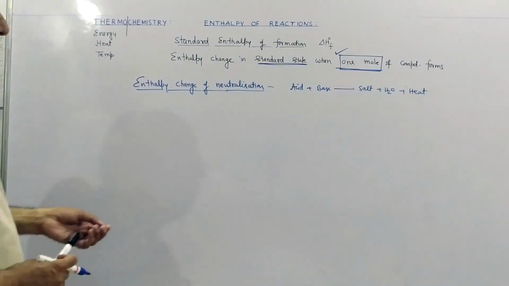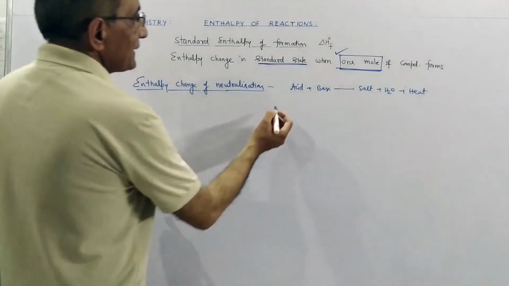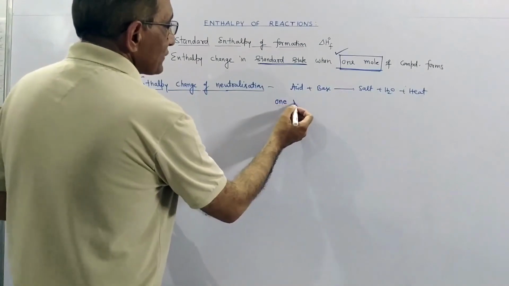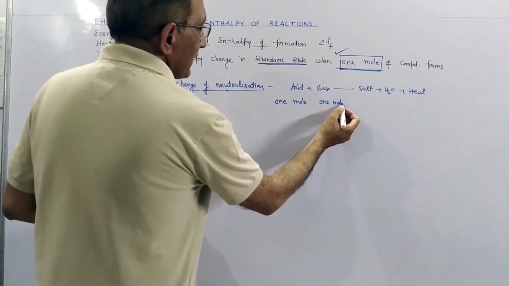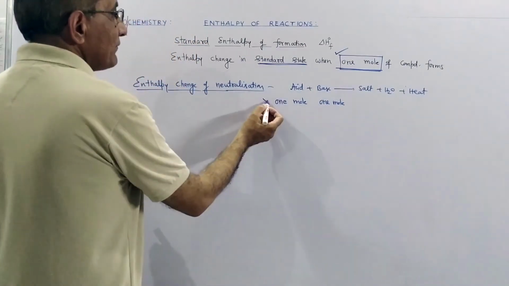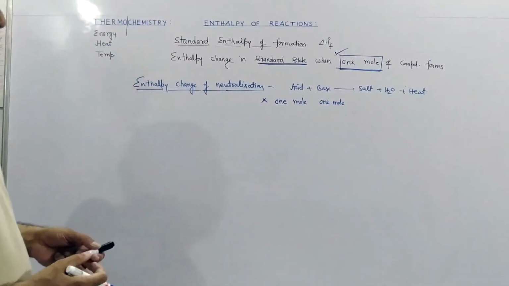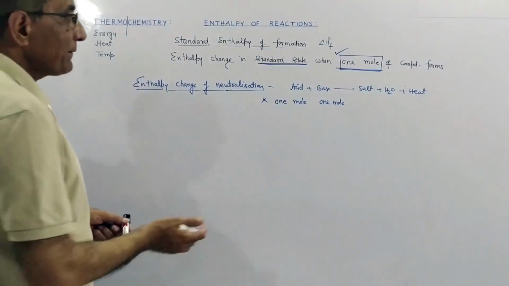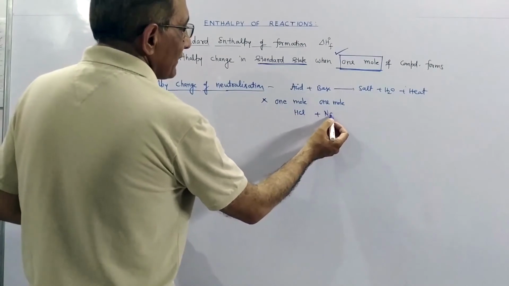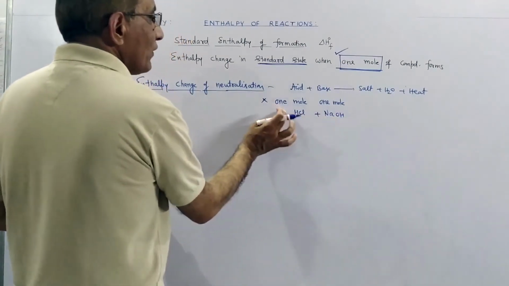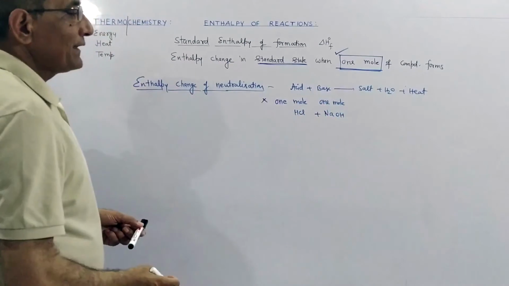But if you want to define it, then you can't say it is the enthalpy change when 1 mole of acid is neutralized by 1 mole of base. Then it will be a wrong statement. Why is it wrong here? Because if we take acid HCl and base NaOH, then we can say 1 mole of HCl neutralizes 1 mole of NaOH.